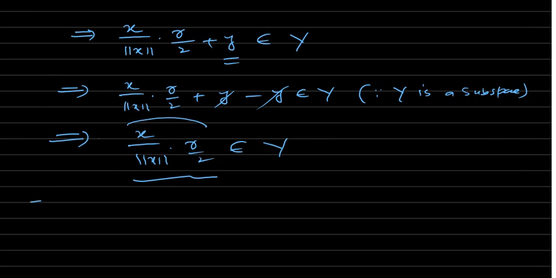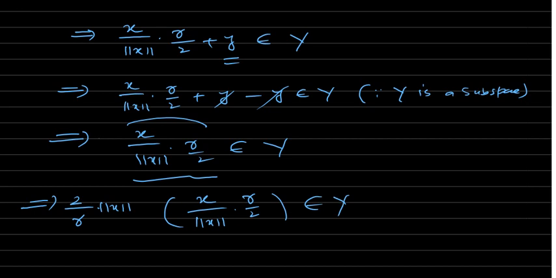So let's take this scalar multiple: 2 by r and norm x. So this is your scalar. Then this point is also in Y, as Y is a subspace.